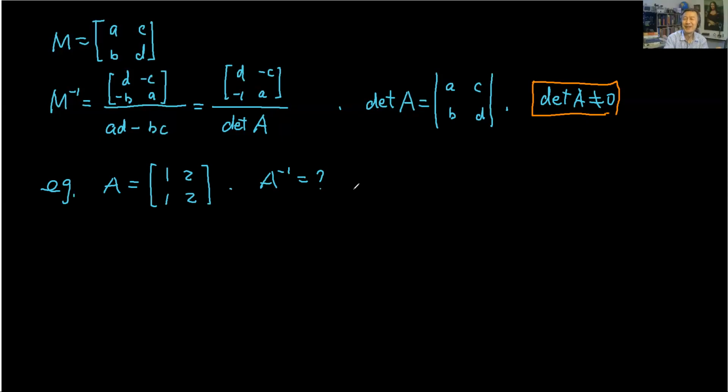That's what the teacher expects students to do. The determinant is 1 times 2 minus 1 times 2, which equals 0. Therefore, no inverse exists. It's just an example of how to do the test.